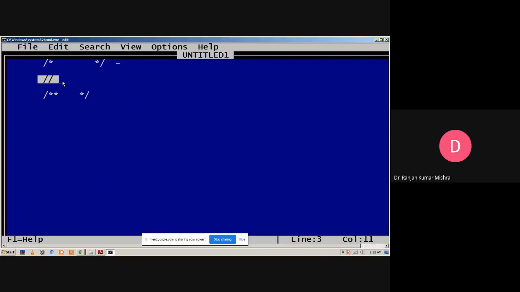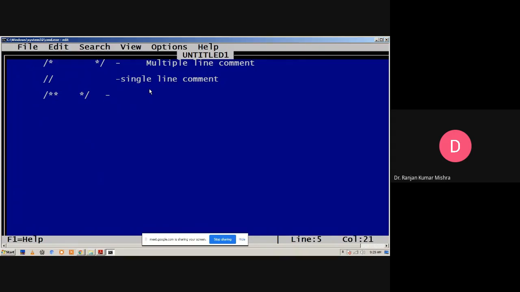Therefore, to write a single line comment, we precede it with a double slash. The first is used for multiple line comments and this is used for single line comments.